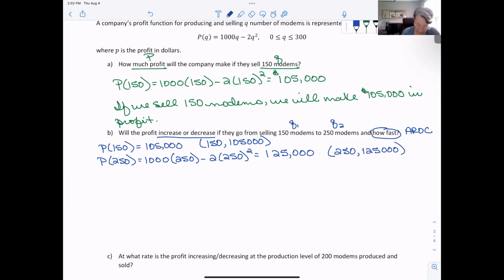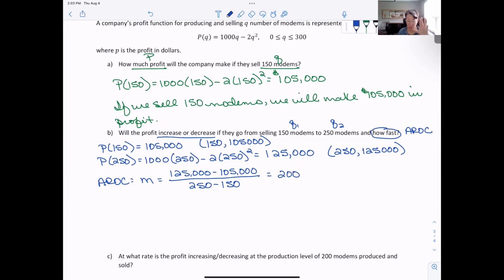And now we can find the slope. So the average rate of change, which is the slope of the secant line, would be 125,000 minus 105,000 over 250 minus 150, which gives us 200.